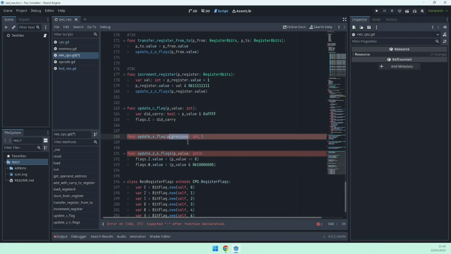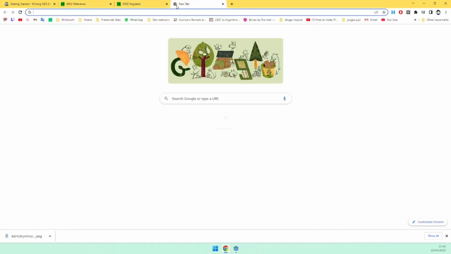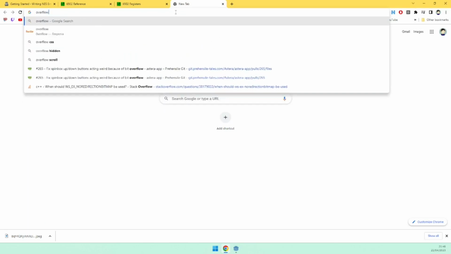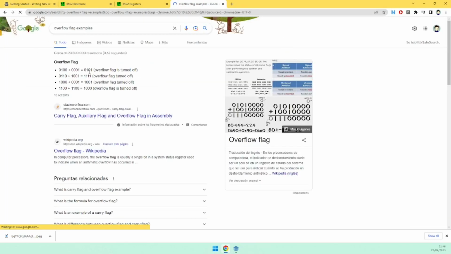Let's name it before. So why don't we try to search for examples? This is overflow flag examples. Overflow flag. Let's turn it off.